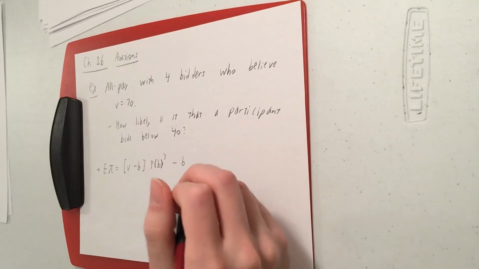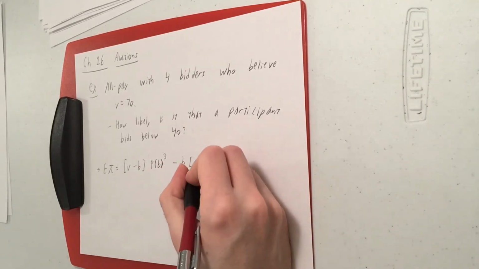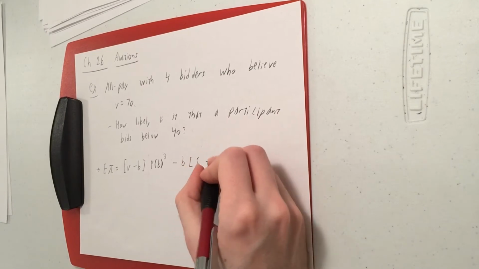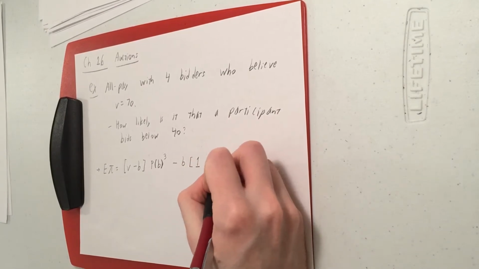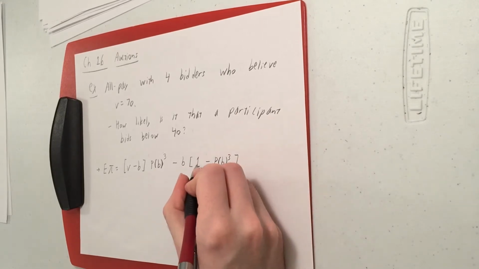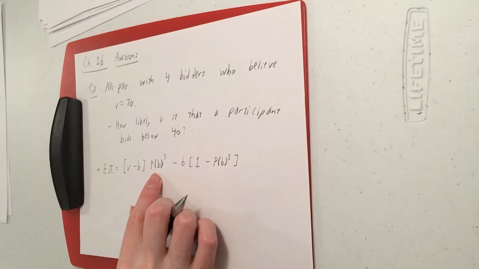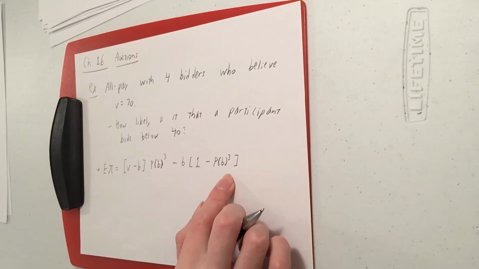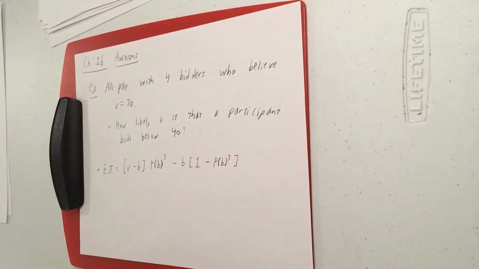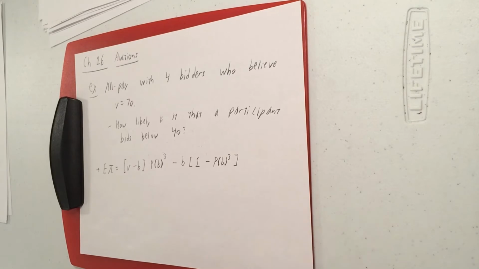If you lose, you get minus B. The probability of losing is going to be 1 minus P of B cubed. So if the probability of winning were, say, 30%, then the probability of you losing is going to be 70%. More generally, this is the probability of winning, then 1 minus that is the probability of losing.